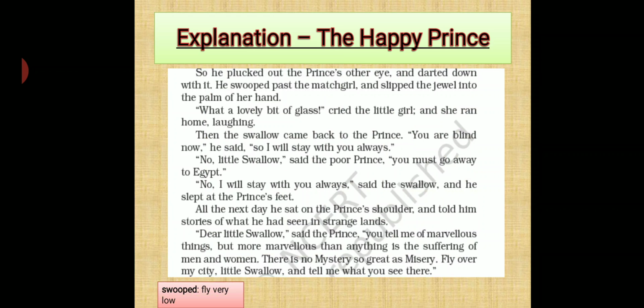No mystery was bigger than sadness, and he wants to know who all was sad in his kingdom. So he asked the swallow to go and let him know what he saw while flying over the city. So now mystery is unknown things and marvelous means wonderful.